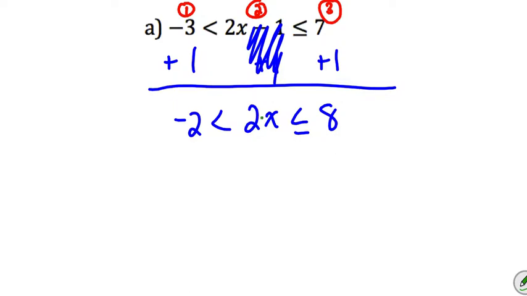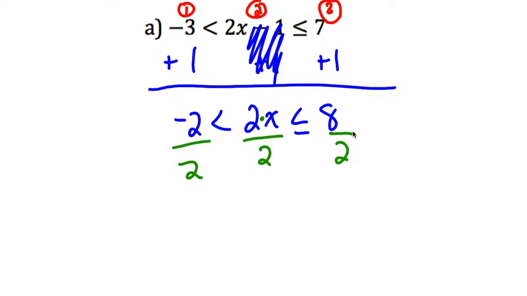It's being multiplied, so do the opposite and divide. We're going to divide every part of this by 2. There are 3 parts, divide each of those parts by 2. Now, the number in front of the x was positive, so we will not flip the signs. I know sometimes people will see this -2 up top here and say, well, that's a negative, I have to flip the sign.